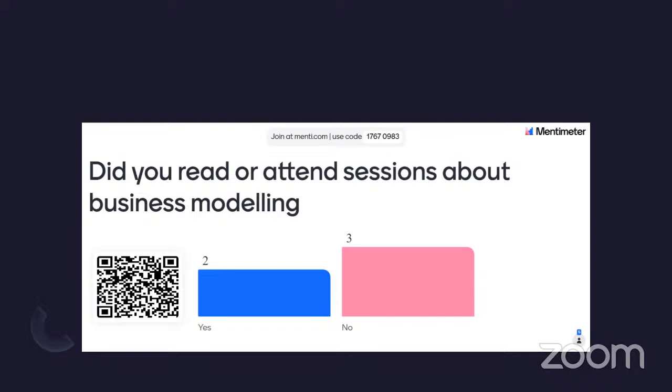Good. So, for those who have some knowledge about the lean business model or business modeling in general, can you just write in the chat anything you know about it and give us an intro about it? Of course, it would be great if this is about the lean business model, not the BMC, the business model canvas. And there are different types of business models as well.